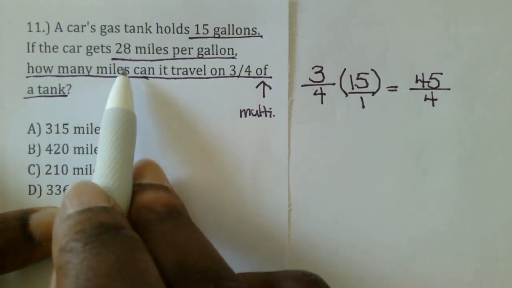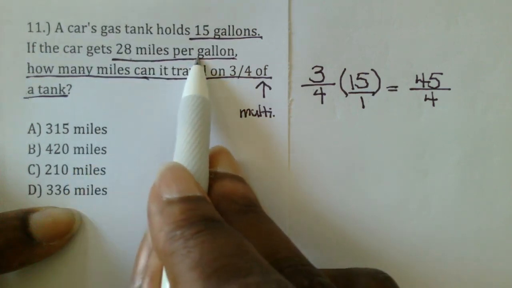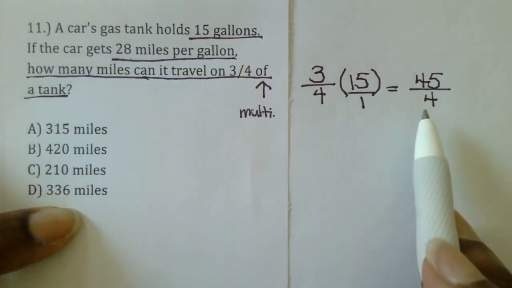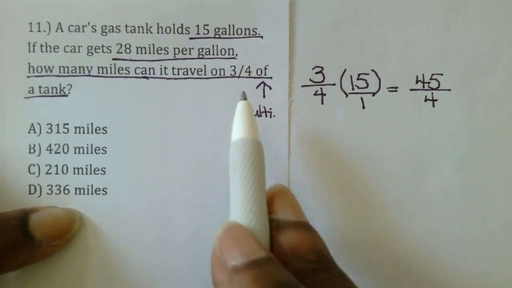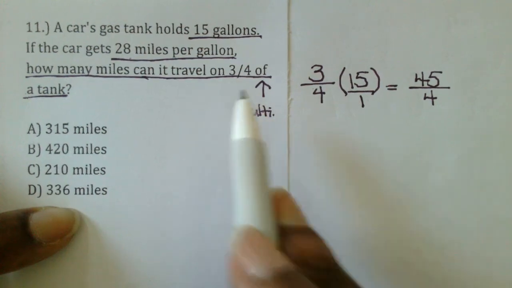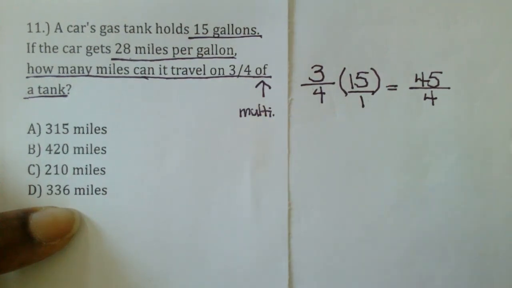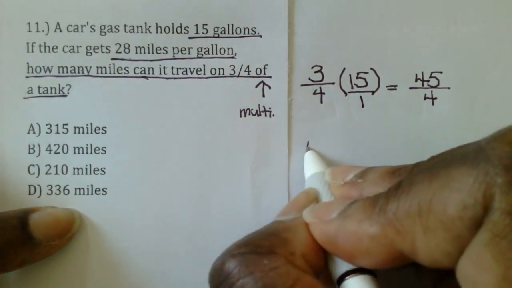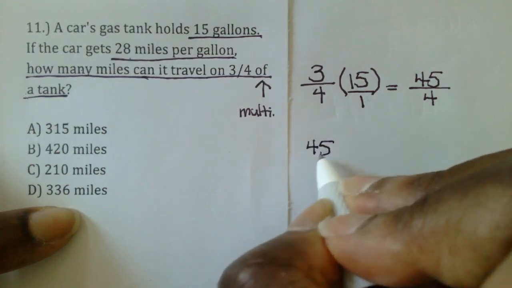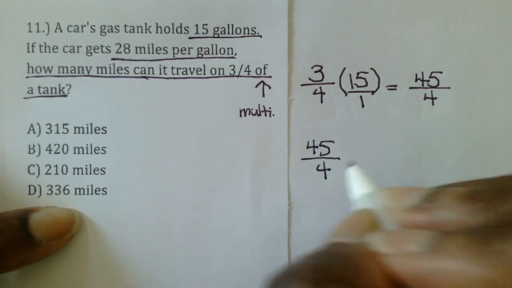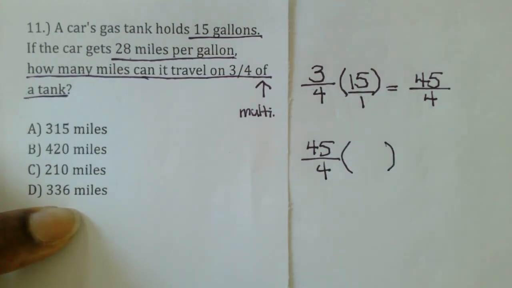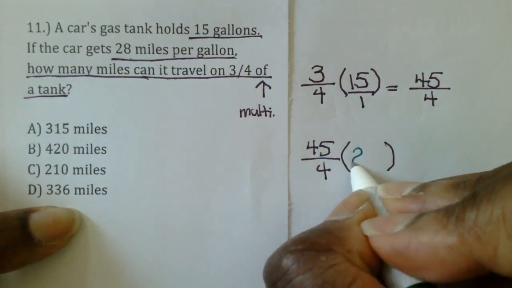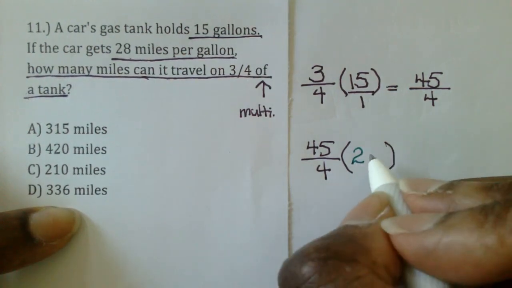So now we have 28 miles per gallon. And what we figured out is how many gallons we're going to be talking about with that 3/4 of a tank. So what are we going to do? We're going to multiply again with the 45/4. But this time we're going to multiply it to the 28 because we need our miles per gallon.